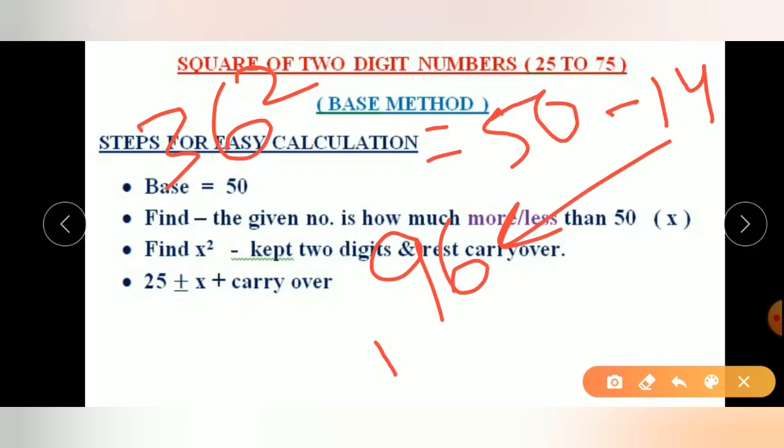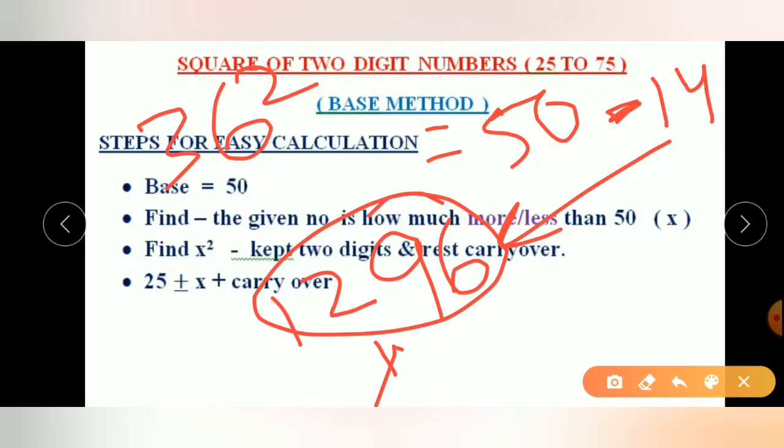Then this 14 should be added to or subtracted from 25. Because the minus sign is there, we should subtract. If a plus sign is there, then it should be added to 25. 25 minus 14 equals 11, plus 1, that is 12. 1296 is our answer.